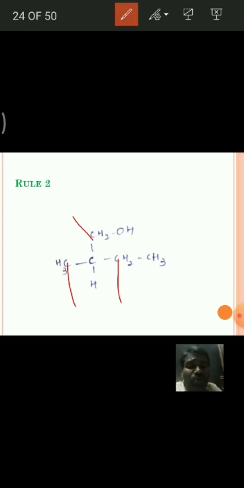Then how to give priority to these groups? Because in the three groups only carbon is directly attached to the chiral carbon. That means all the carbons have the same atomic number. Then how to give priority to these groups?